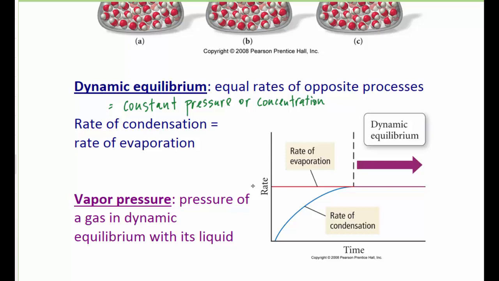So evaporation is always going to be happening. They're always going to be flying away. We start with no condensation because there's no vapor. But as that vapor builds up, we get more and more condensation until their rates are equal, at which point we've reached dynamic equilibrium. And vapor pressure is the pressure of a gas that's in dynamic equilibrium with its liquid in a closed container.